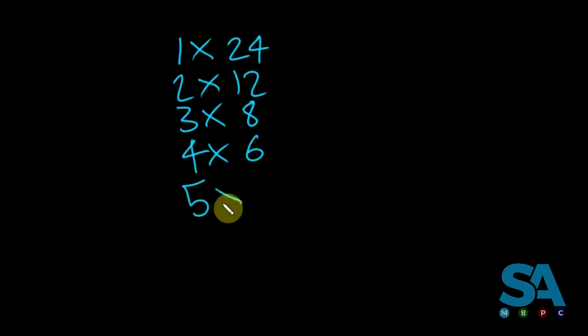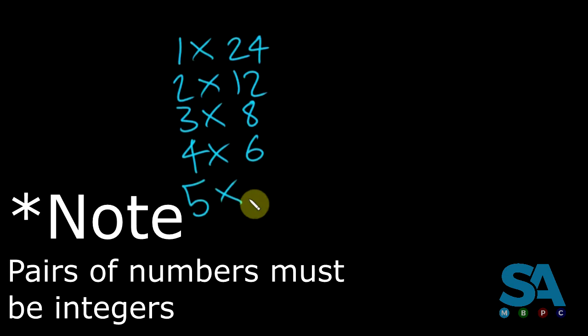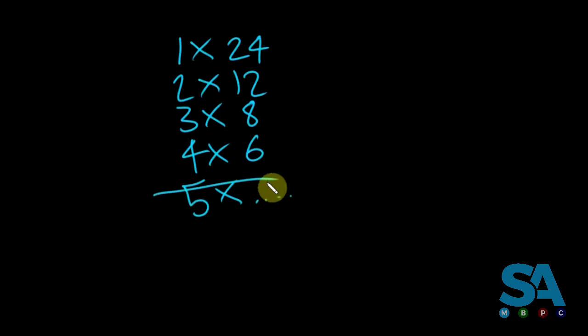When you get to a number that doesn't quite multiply into 24, you're just going to leave that space. You're going to cross it out. You're not going to consider these values, because that means 5 and whatever number multiplies with 5 to make 24, they are not factors of 24. So for the next pair, we've got 6 times 4, and you'll notice that 6 times 4 is the same as 4 times 6.